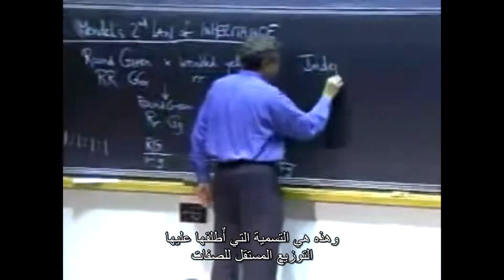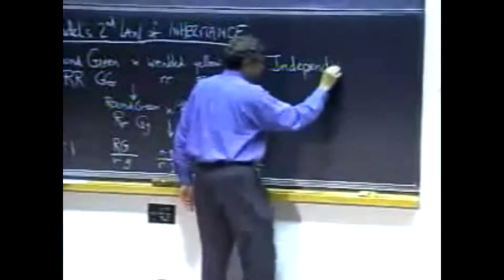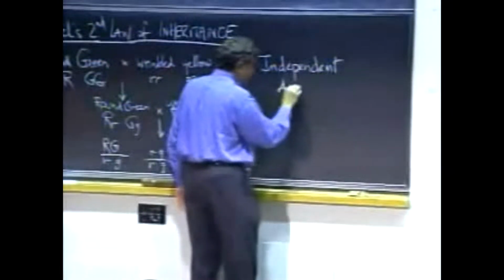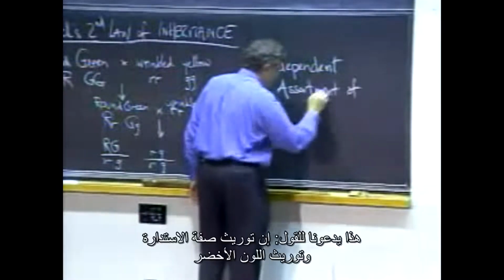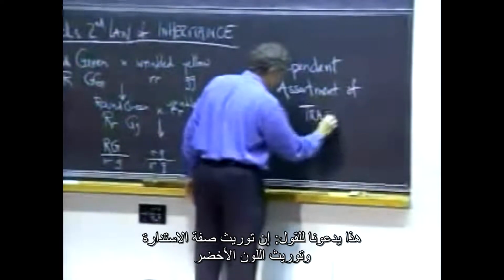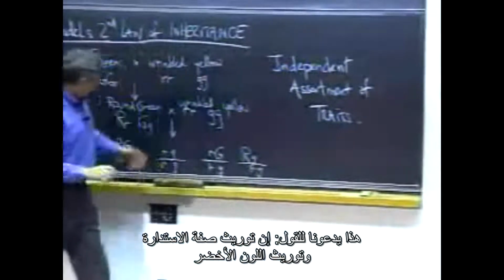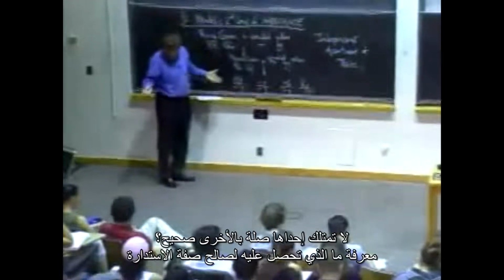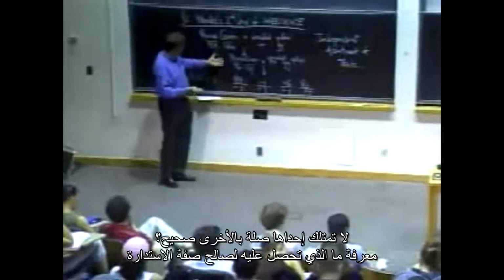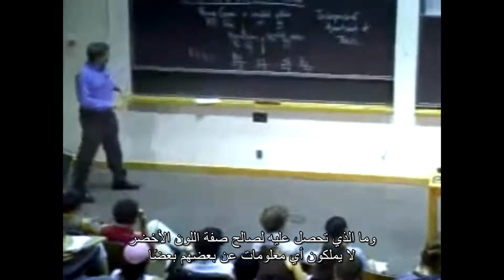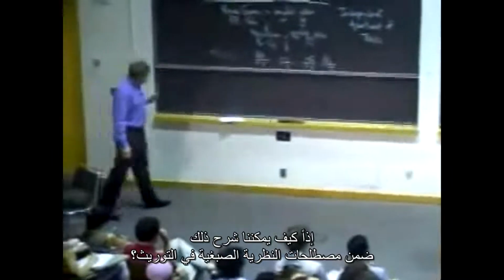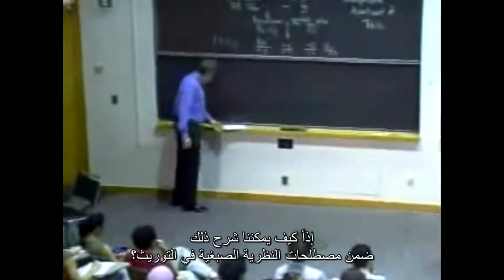Independent assortment of traits. That is to say, the inheritance of round and the inheritance of green are uncorrelated to each other, right? Knowing which one you got for roundness, which one you got for greenness, they don't convey any information about each other. So how could we explain this in terms of the chromosomal theory of inheritance?